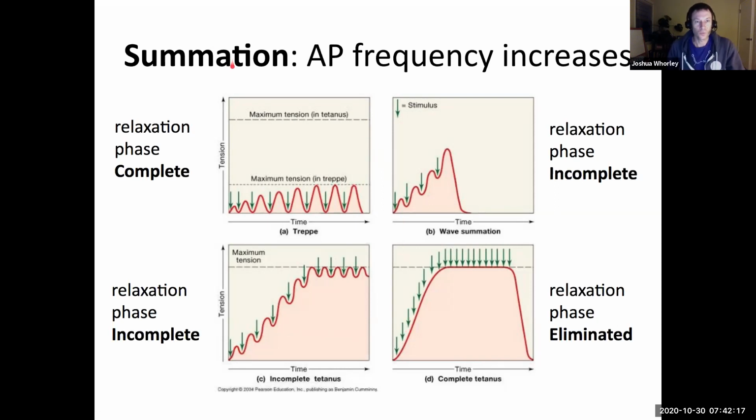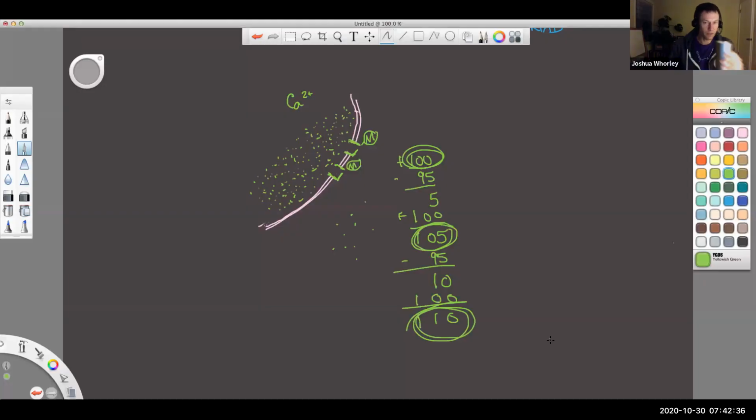So this is one way to build muscle tension. Of course, this does it a lot faster when we just eliminate the relaxation phase than when we allow it to be incomplete. And that's going to produce totally more tension than we can ever get when we allow for a complete relaxation phase. So let's go back to our sketchbook and think about this.